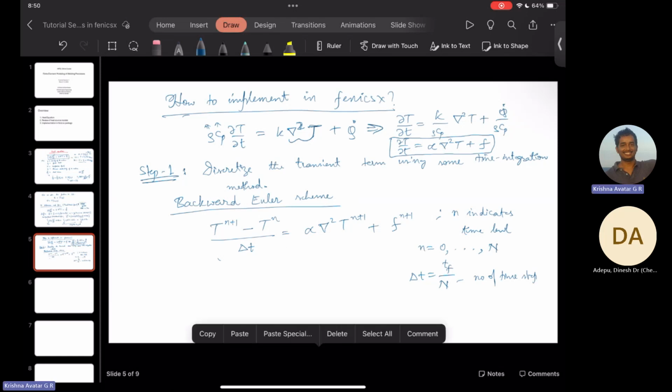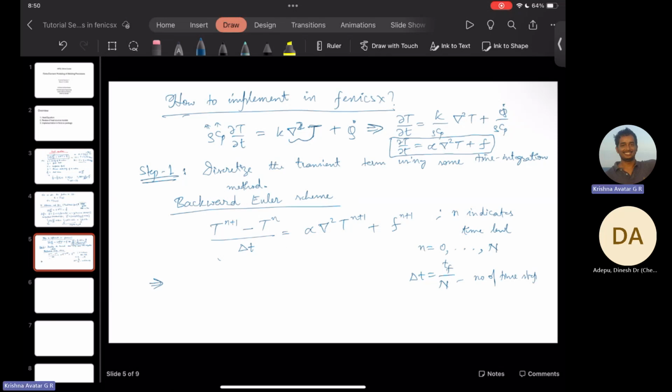Now, once we have this, we can write it by multiplying throughout by delta t. So it becomes T n plus 1 minus T n is equal to alpha delta t Laplacian of T n plus 1 plus f n plus 1 delta t.